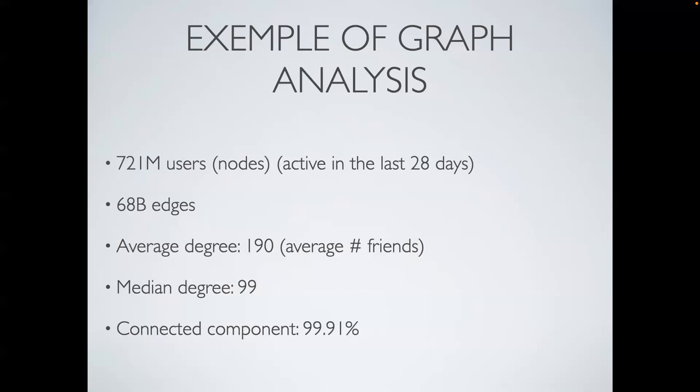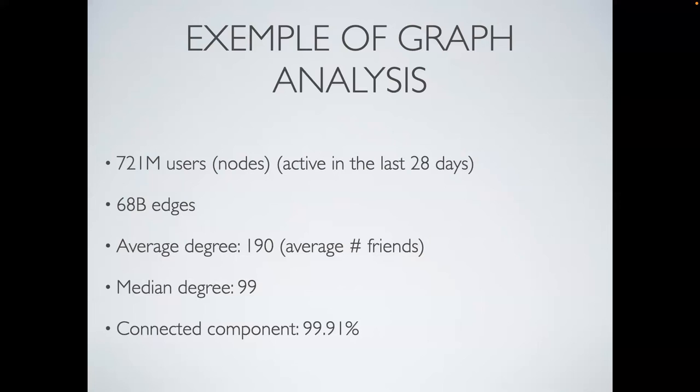And you have a strongest connected component, which contains 99.91% of all the accounts. It means that nearly everyone belongs to a single large network in which you can reach all the other nodes. That corresponds to what I explained before about the shortest path.